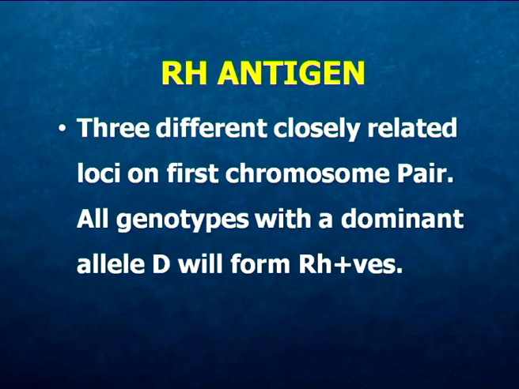RH positive or RH negative blood group depends upon presence or absence of antigen D. Most people, luckily or fortunately, are RH positives. Anti-D antibodies are absent in the plasma.